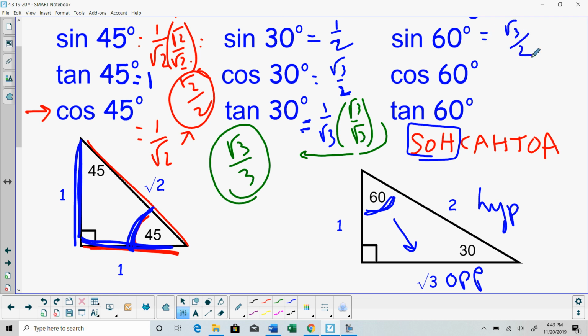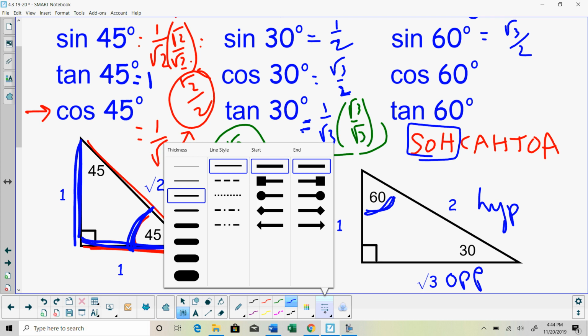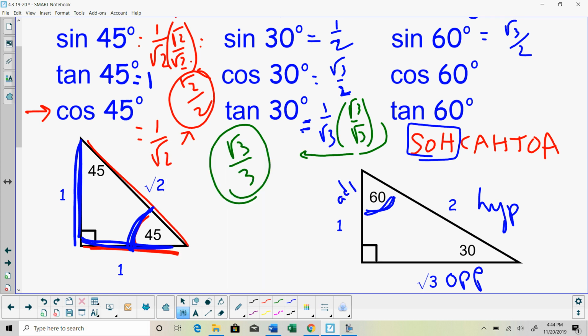If I want the cosine, then I want the adjacent over the hypotenuse. So this is going to be my adjacent side here. And so if I want adjacent over hypotenuse, that's going to be 1 over 2. And then I get the tangent of 60 by doing opposite over adjacent.